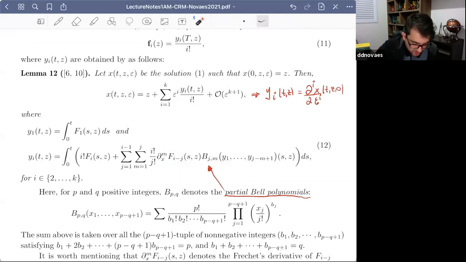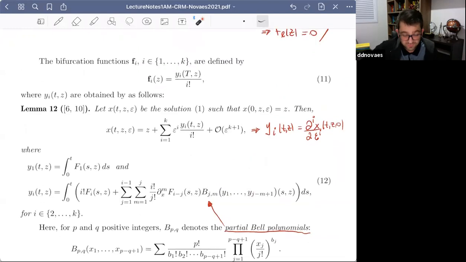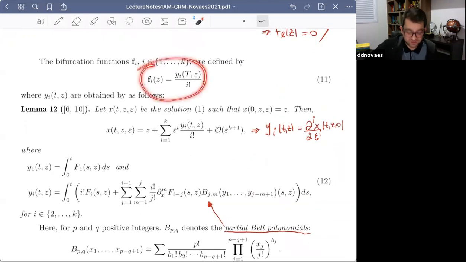So here we have yi, and here we have y1 up to yj minus m plus 1. And if we look at the extremes of the sums, we see that it's at most i minus 1. Okay, so this is a recursive formula. At the end of these notes, I have included the mathematical algorithm for implementing these and obtaining, at least formally, the formula for the average functions of any order.